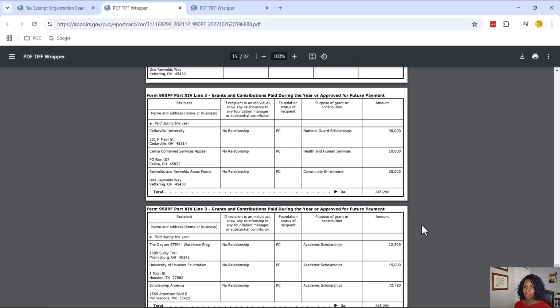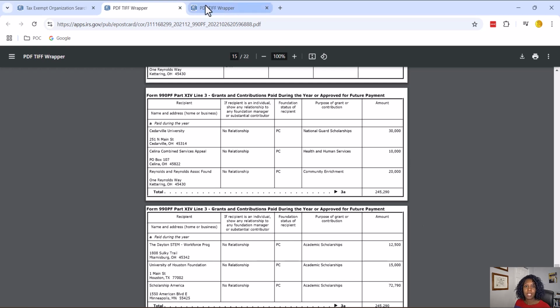If I'm a nonprofit that serves cats, I would say no. Your chances of getting funding from Reynolds Reynolds is slim. But if you're a university or educational center based in Ohio, and look at this, you may think, yeah, I may have a good chance of receiving funding from Reynolds Reynolds. You kind of have to make that determination.